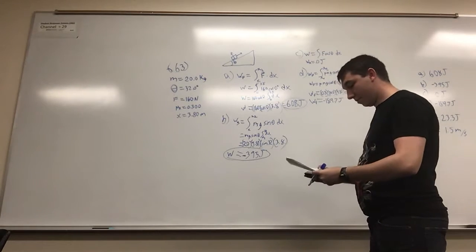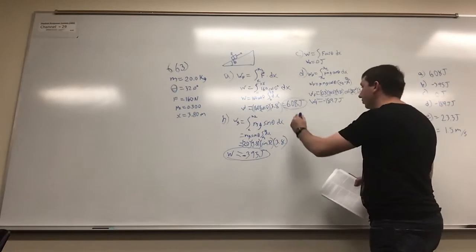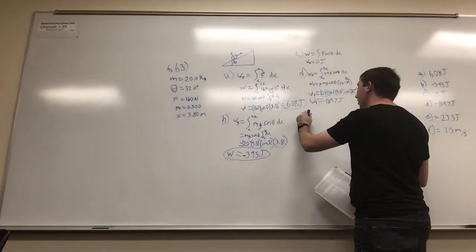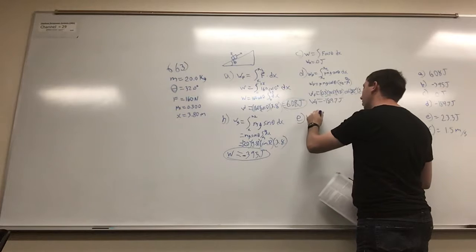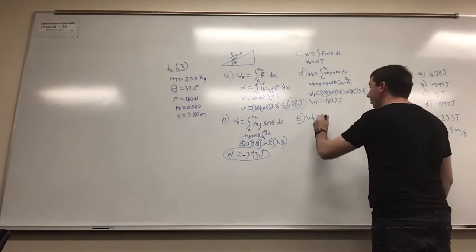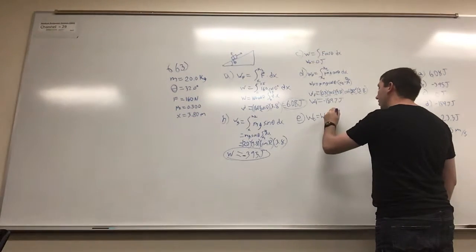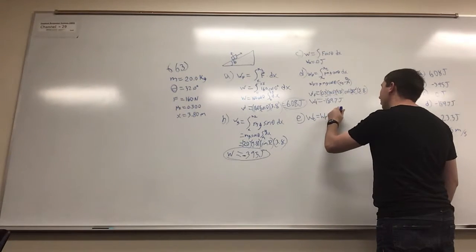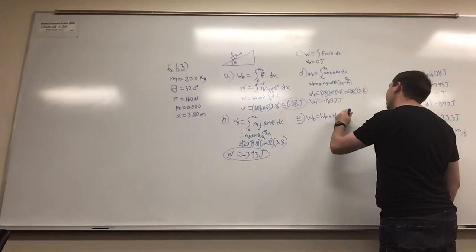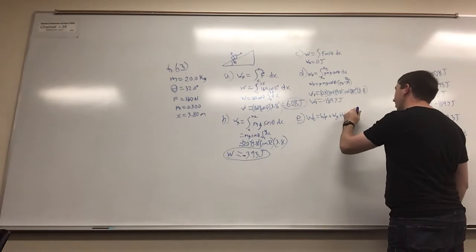So then part E wants us to find the total work, which is just going to be equal to the work of the force plus the work of gravity plus the work of the normal force plus the work of friction.